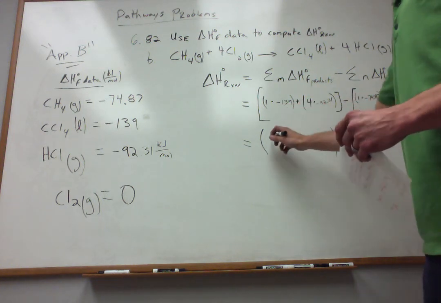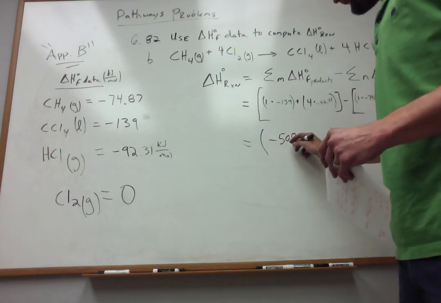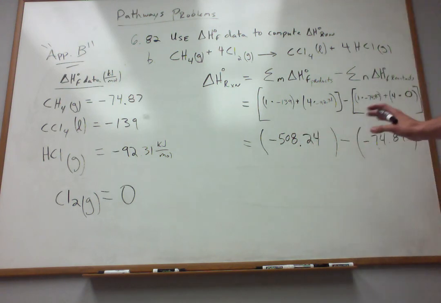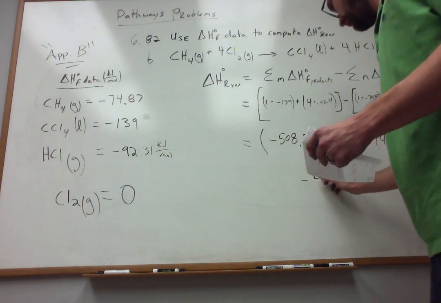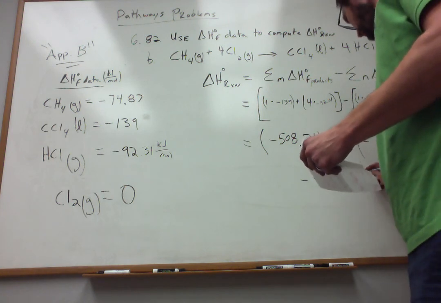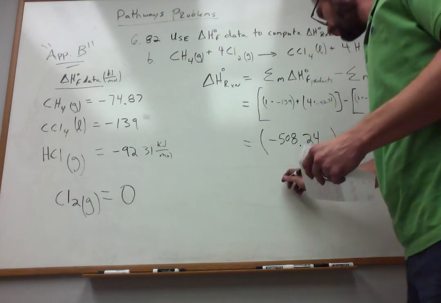If you add this together, you get negative 508.24 kilojoules per mole. All these have units of kilojoules per mole, though I haven't been paying much attention to that. The negative and the negative, so this becomes a positive since we add it back in. And the net result is negative 433.37 kilojoules per mole.